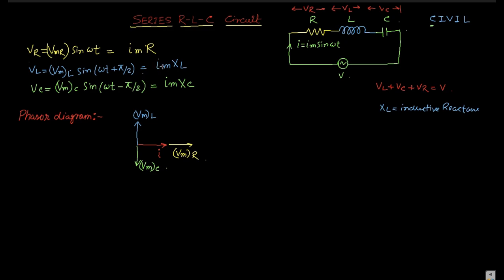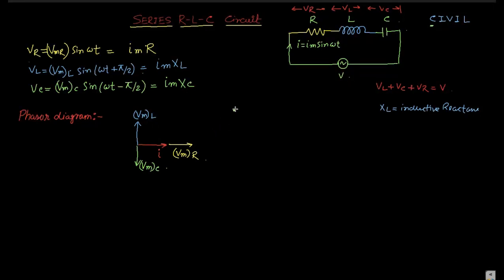Here VR is equal to IR, VL is equal to I into XL, VC is equal to I into XC. So this is the basic phasor diagram. Now some cases arise. What are the cases? The cases are like this.